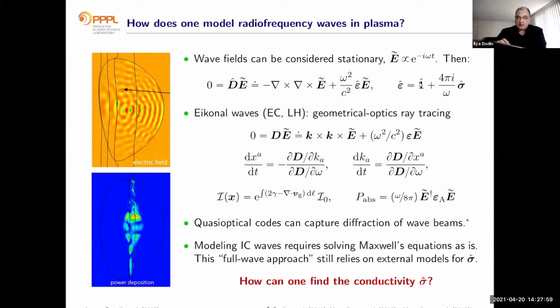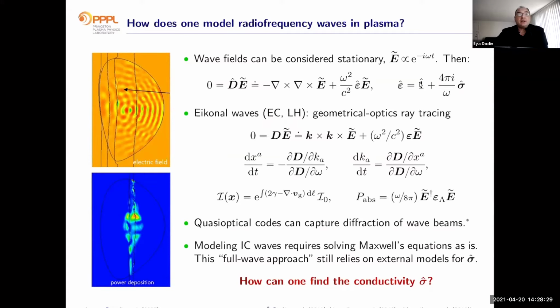This equation involves the dielectric operator, which is related to the plasma conductivity. This equation describes all three types of waves, but depending on what kind of waves we're using and depending on the frequency range, the approaches to solving these equations are actually very different. In one case, for example, electron cyclotron waves and lower hybrid waves usually come in the form of beams.